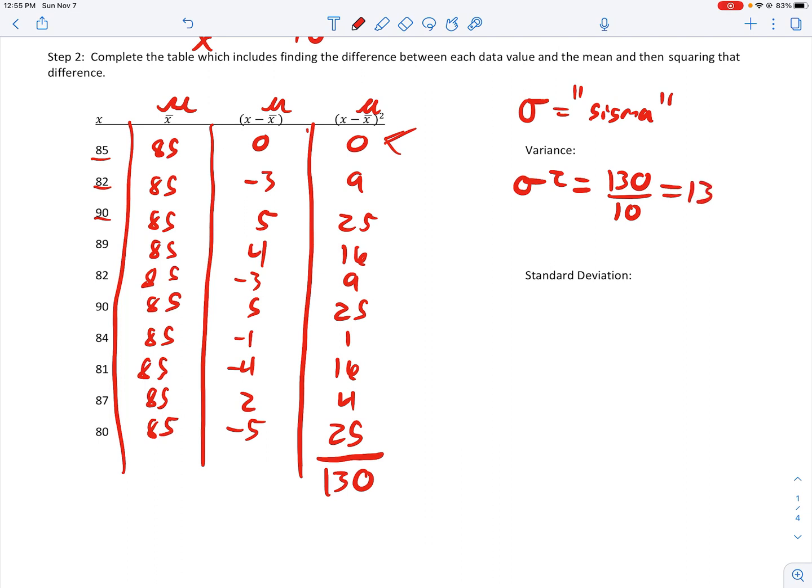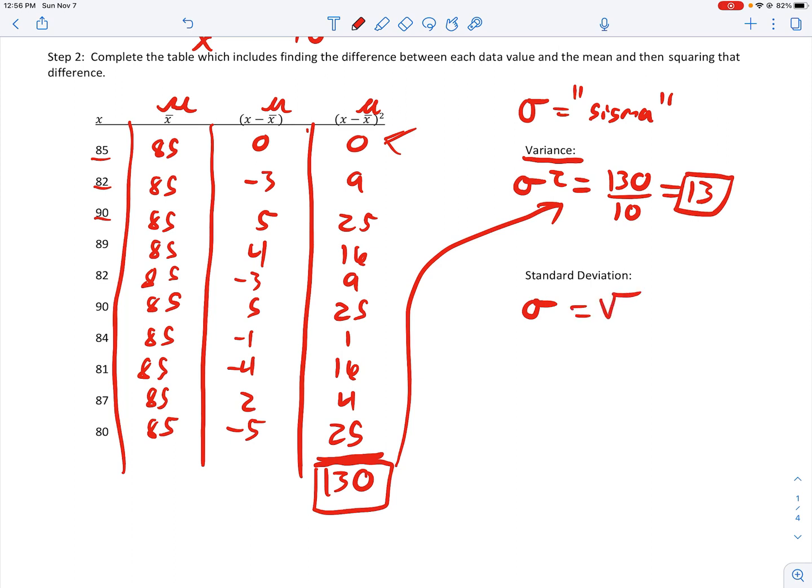So again, you take your last column, you add it up, which is 130. Divide by how many pieces of data, and that will give you your variance, sigma squared. The standard deviation is sigma. So we have sigma squared. To get the standard deviation, we need sigma. So we're going to square root the sigma squared. That's how we're going to get our standard deviation.